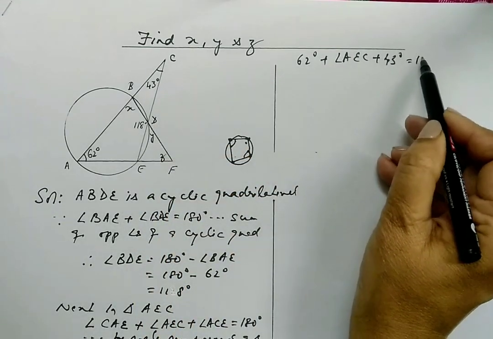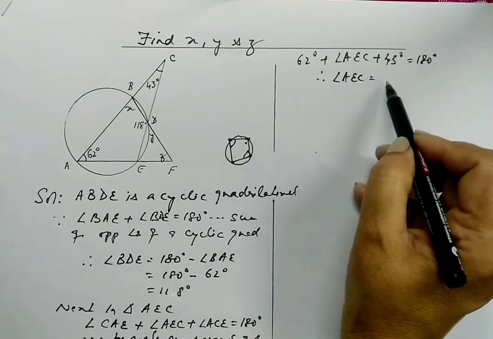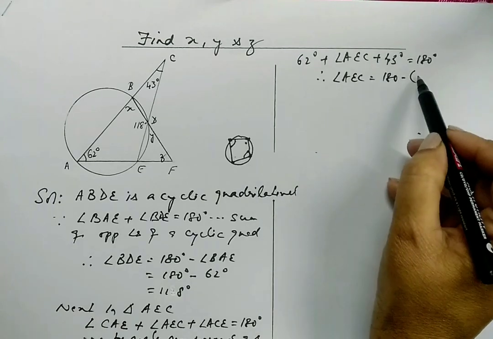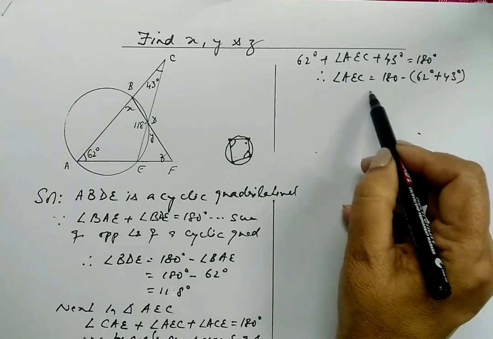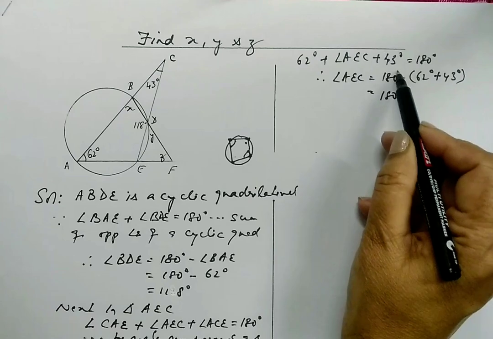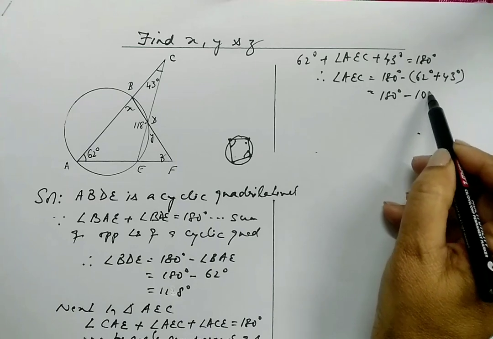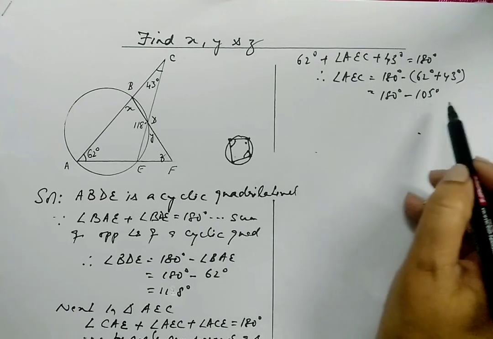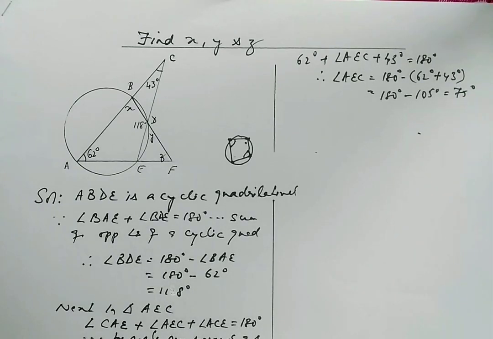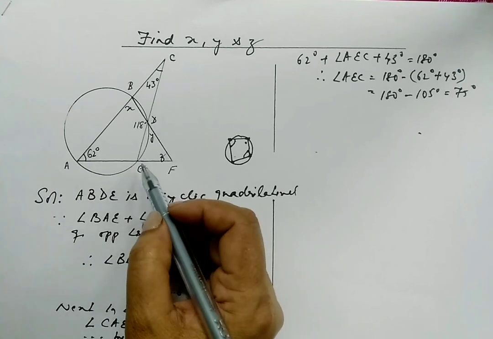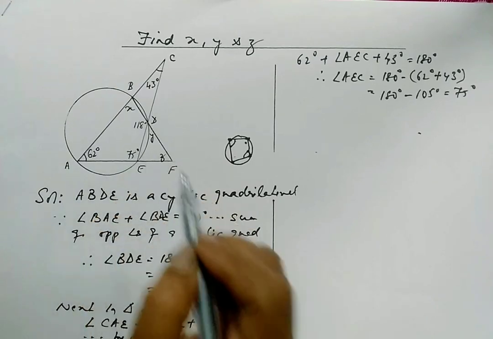We'll therefore get AEC equal to 180 degrees minus the sum of 62 degrees plus 43 degrees, which is equal to 180 degrees minus 105, which is equal to 75 degrees. So now we know that AEC is equal to 75 degrees.